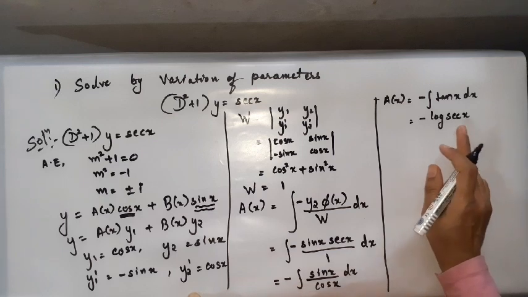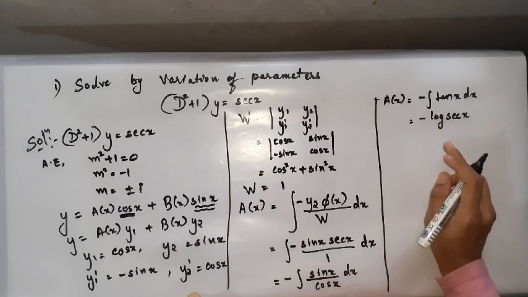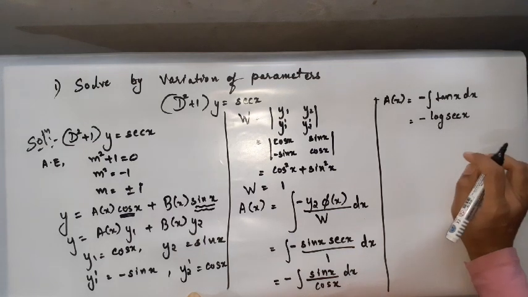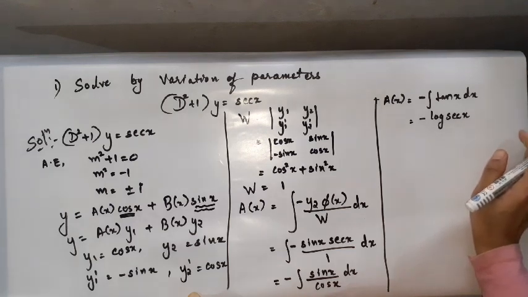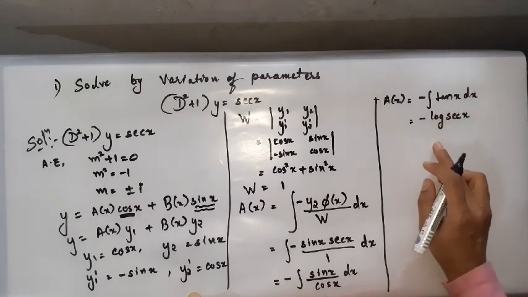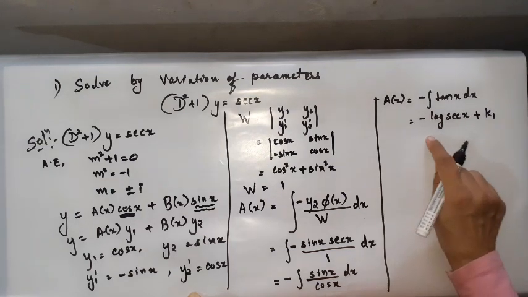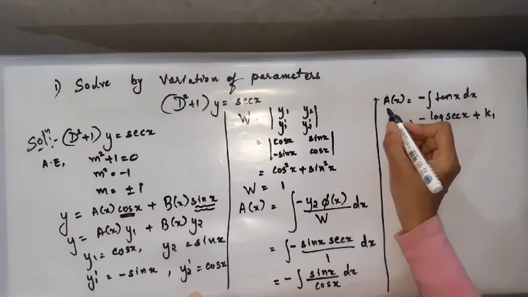Why? What is the derivative of log secant x? It is 1 divided by secant x, into secant x into tan x. Secant gets cancelled, you are left with tan. So, the integration of tan x is log secant x. I will attach one arbitrary constant here, plus k1, an arbitrary constant k1. You are done with a of x.